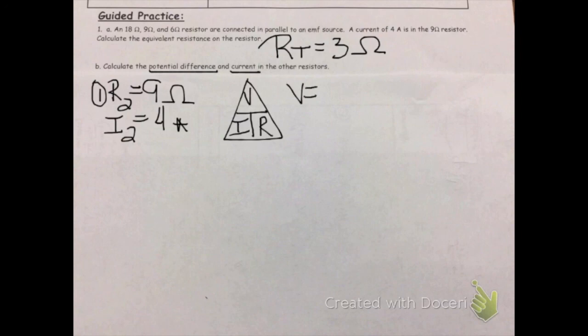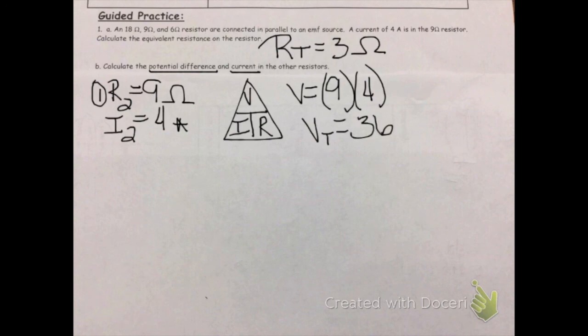So V is going to equal 9 times 4. So our V, which happens to be the total, is 36, which also happens to be V1 and V2 and V3 and V4 and V whatever's, however many V's there are. Our V total is 36 volts.